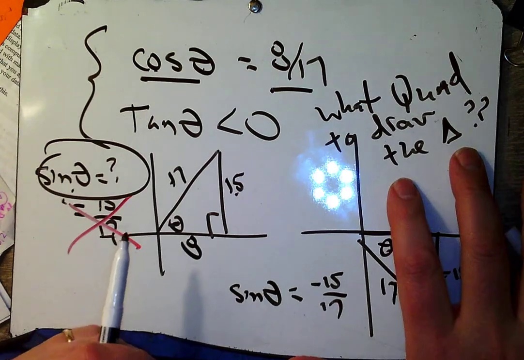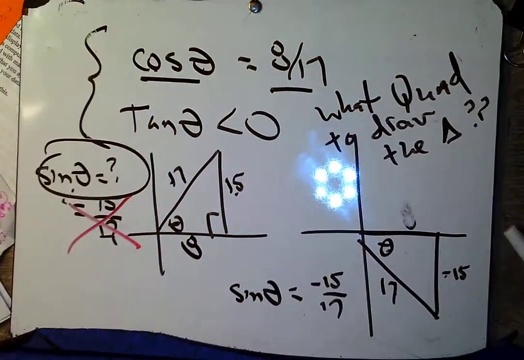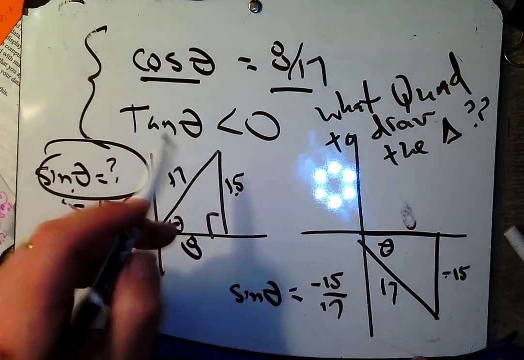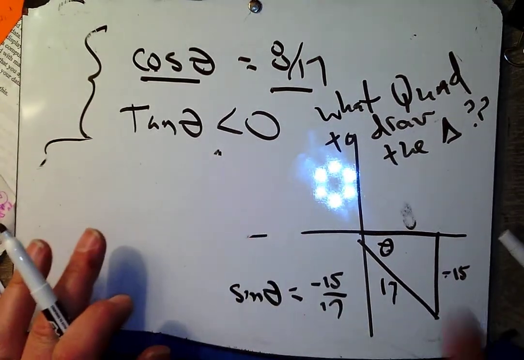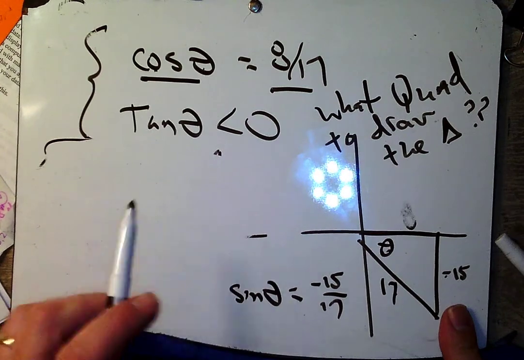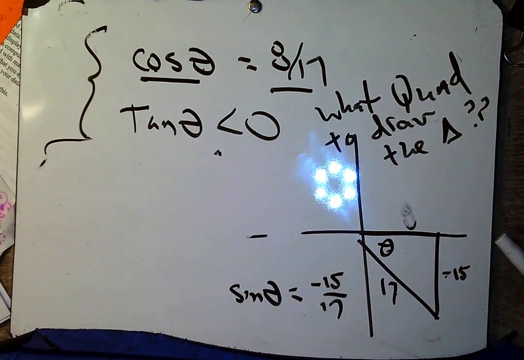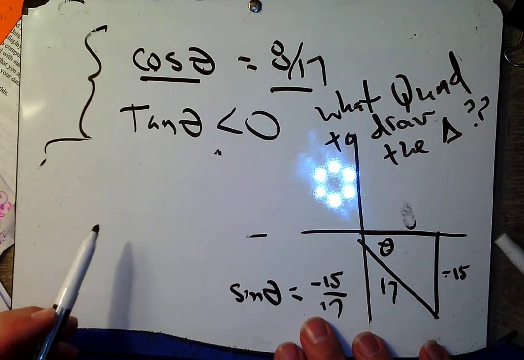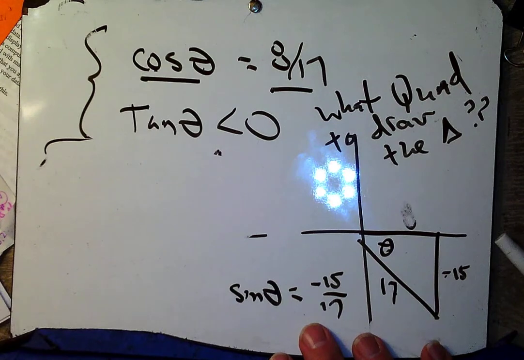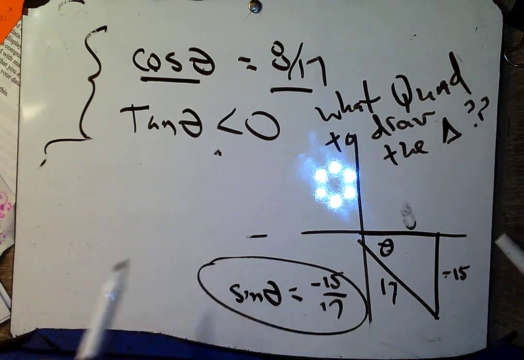Figure out which quadrant based on the constraints you've been given, and then draw and label your appropriate triangle, not this one, because that's where these two facts overlap for us. Okay, I can deal with that. And in this case, did we find the thing? Yes, we found it. Good.